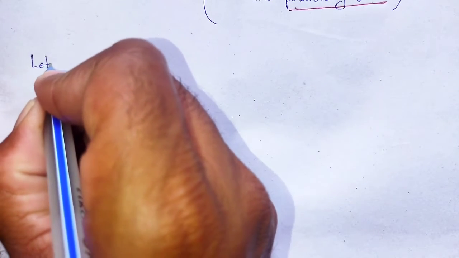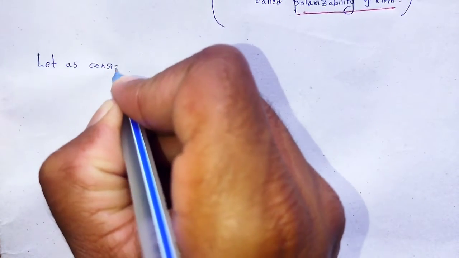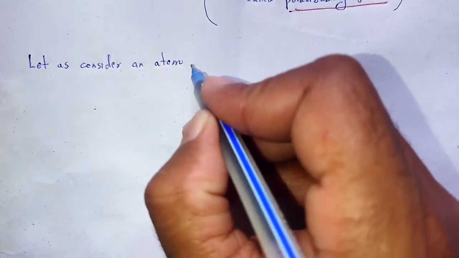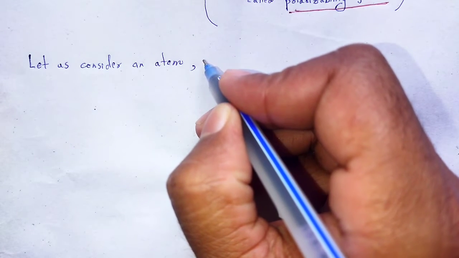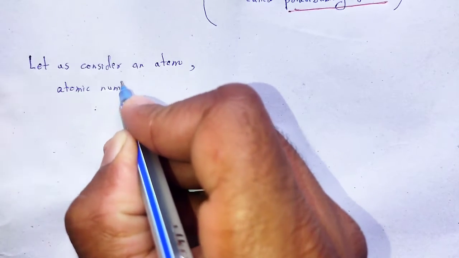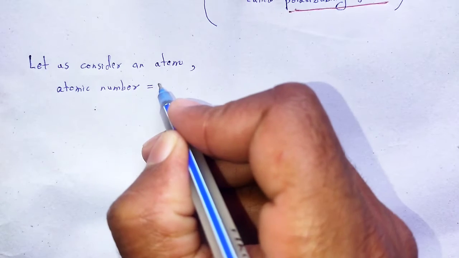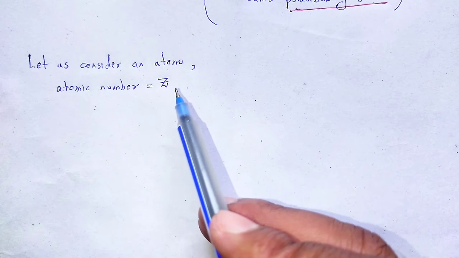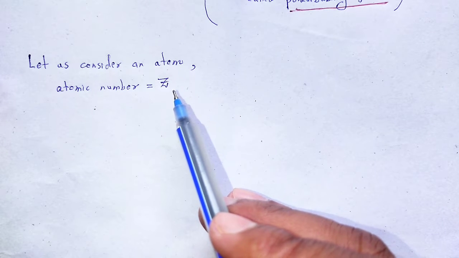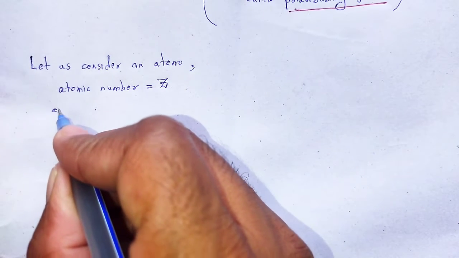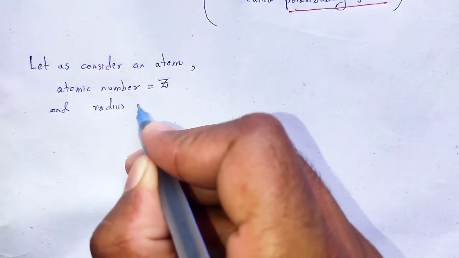Let us consider an atom with atomic number denoted by Z, and it has a spherically symmetric charge distribution, and it has a small radius.